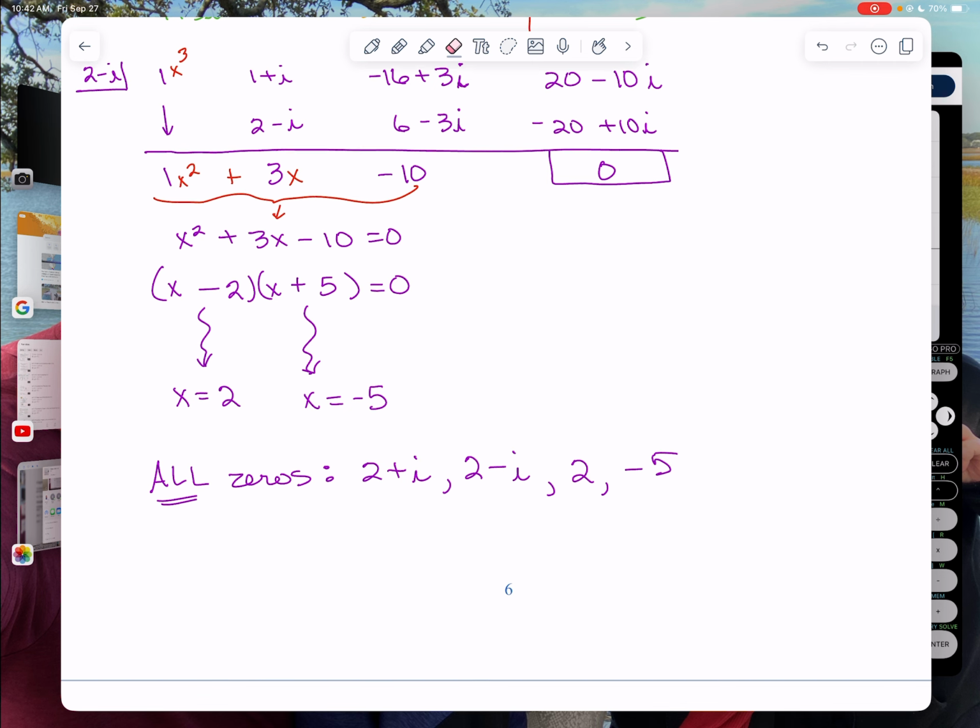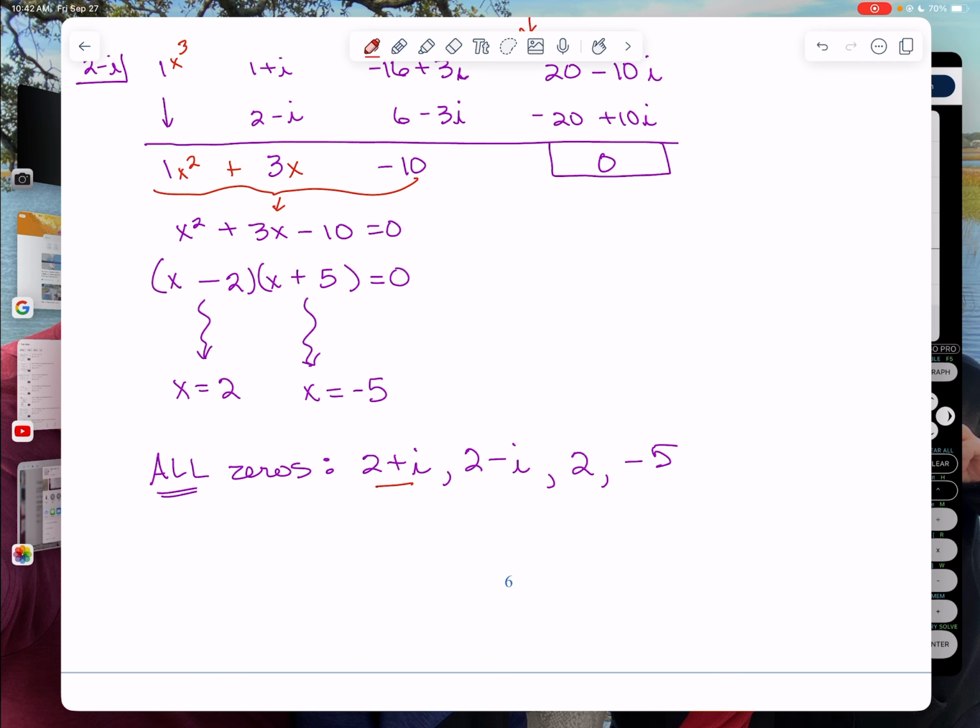So all my answers are going to be 2 plus i, 2 minus i, and then I just found 2 and negative 5. The sad part is if you do all that work and you just put those two answers in and don't list the 2 plus i and the 2 minus i, my lab will count it wrong. So make sure after you do all that work that you list all the zeros.